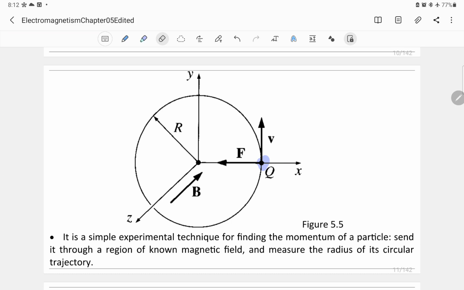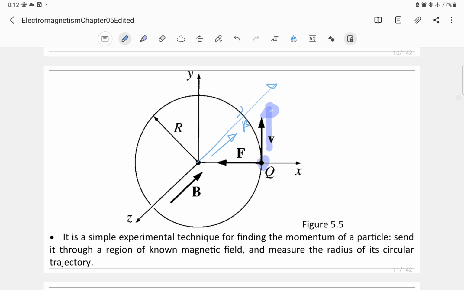So the charged particle would be moving with speed v, and the magnetic field in this case is in the z direction. So if your z direction extends to here, your magnetic field would be, of course, in that direction.